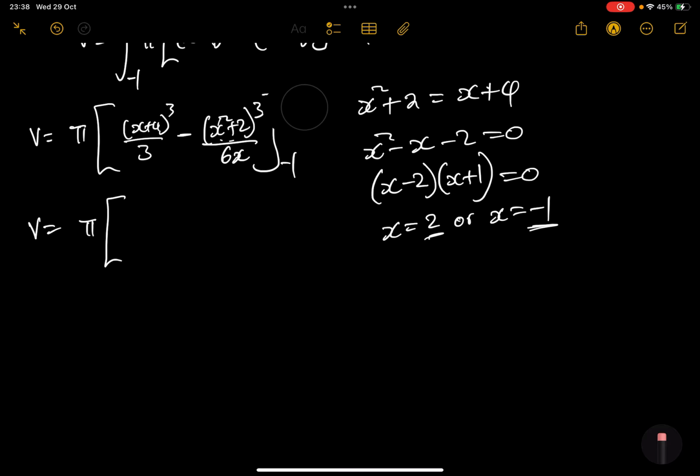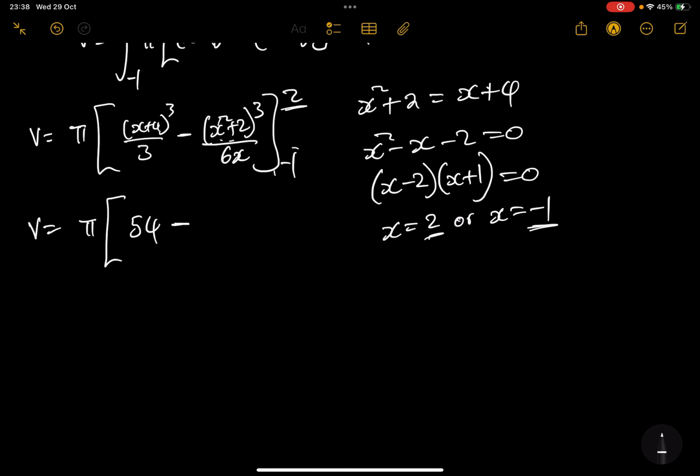So when you substitute 2, you're going to get 54, minus, when you substitute -1 here, you're going to get 3 cubed over 3, which is 9, minus 3 cubed over 6 times -1, which is negative 9 over 2.